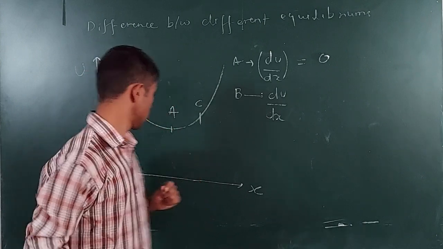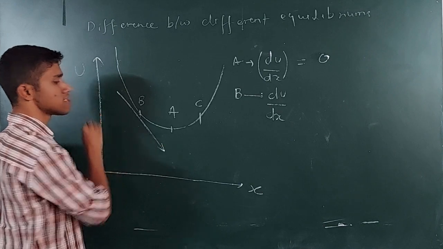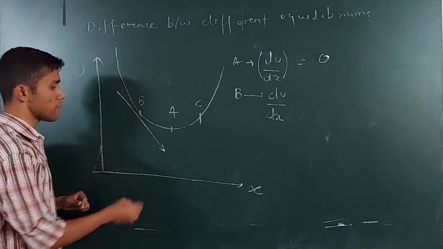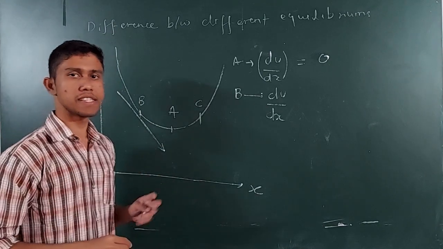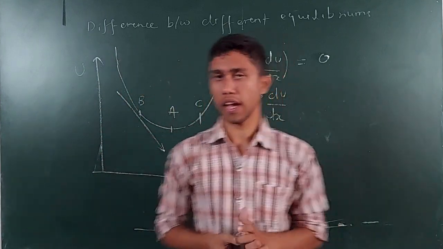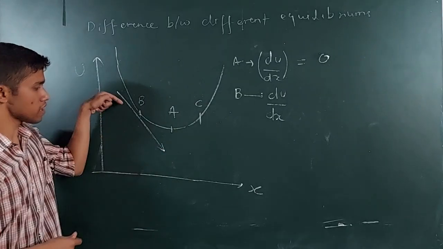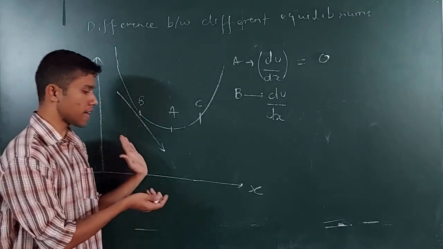It is the tangent. So if I draw a tangent at this point, this is the tangent. This tangent is making an obtuse angle with the x-axis. I will show you. It is going this way, so it is making an obtuse angle.